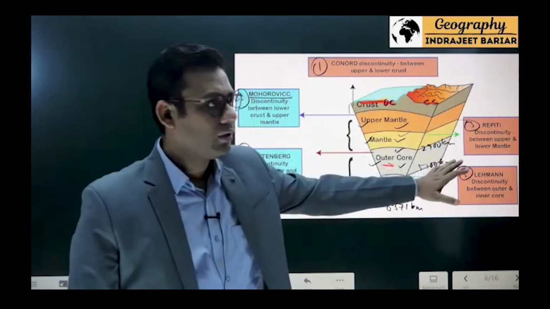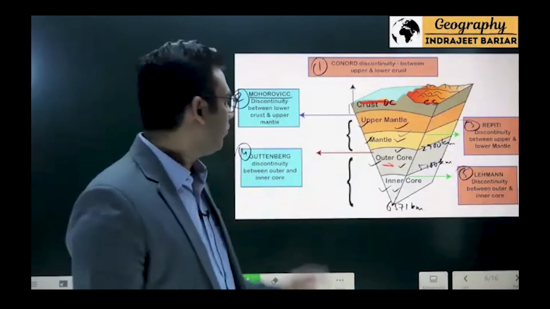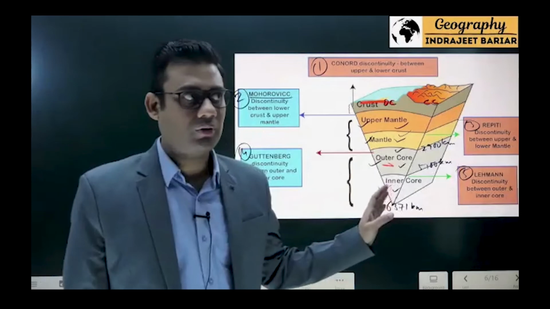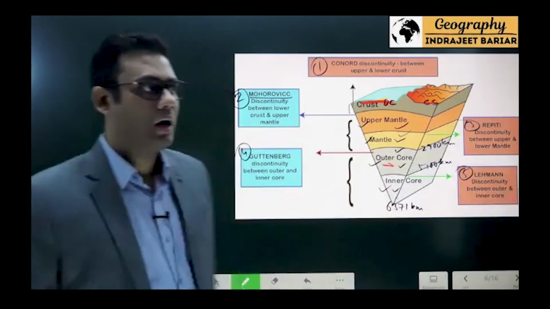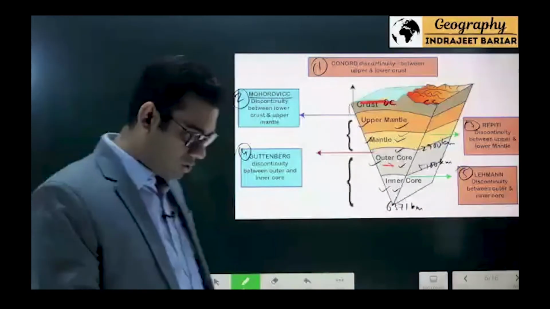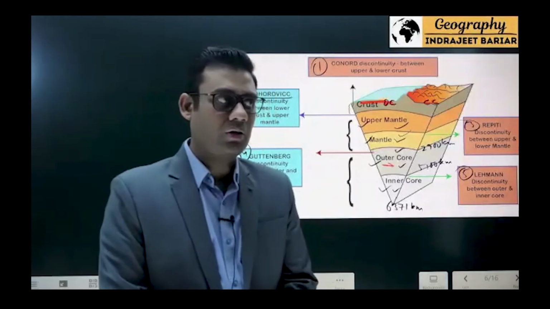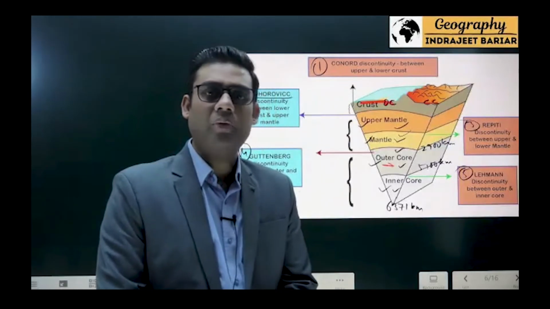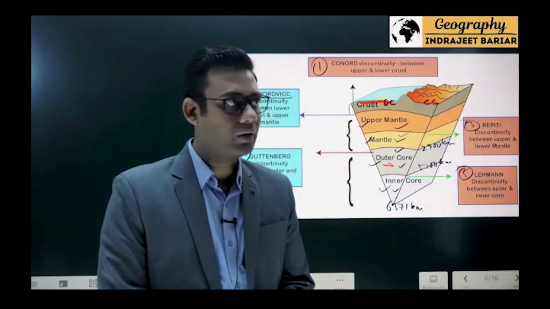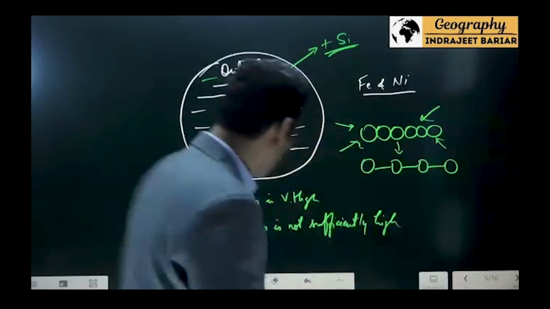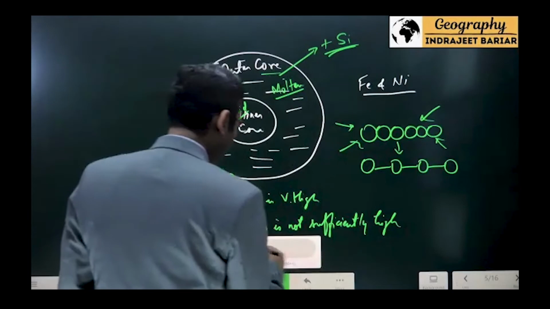So this is where the first level of classification comes up, which is based on chemical composition. After this, the next one that we check is based on mechanical rigidity. Another level of classification based on mechanical rigidity.